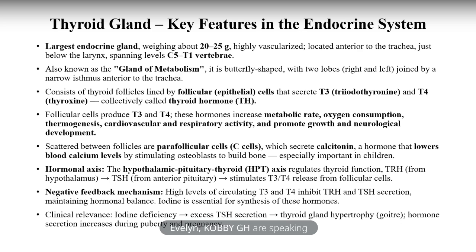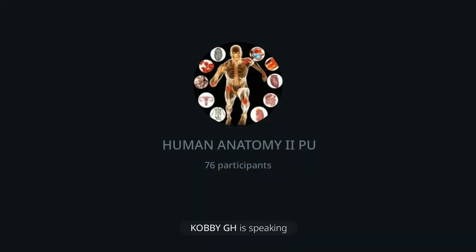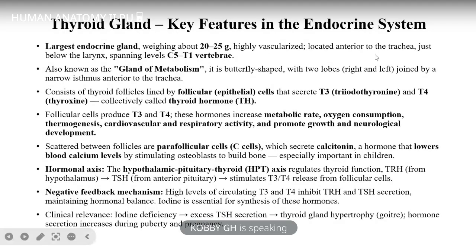Now this one too is very important: the location of the thyroid gland. Please pay attention to it very well. If we are asking you the location of the thyroid gland, it's two things. Either you say the thyroid gland is located anterior to the trachea, which is correct, or you say the thyroid gland spans between the level of the fifth cervical vertebra and the first thoracic vertebra.